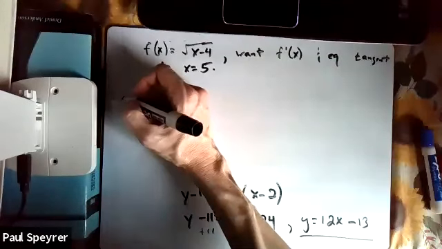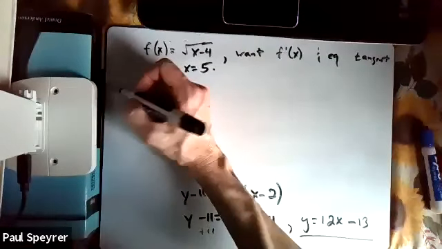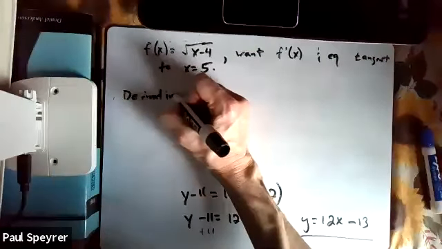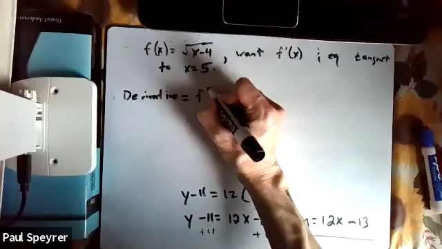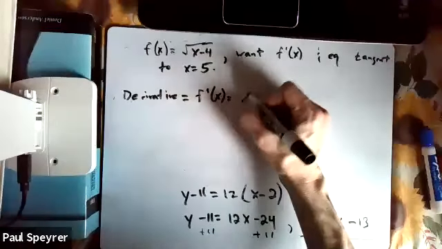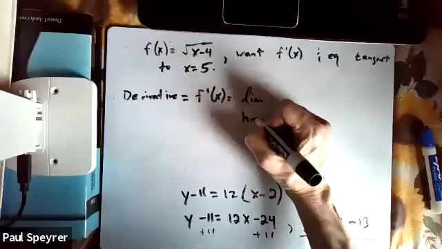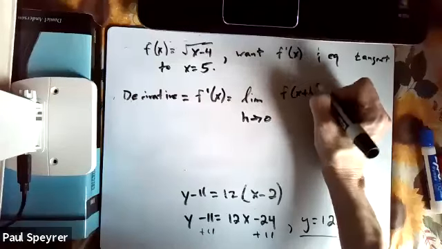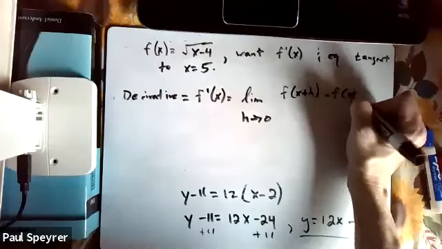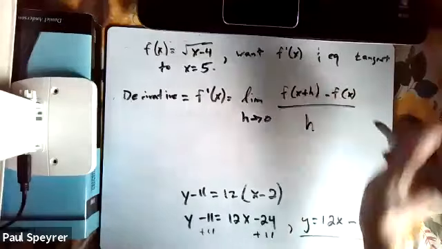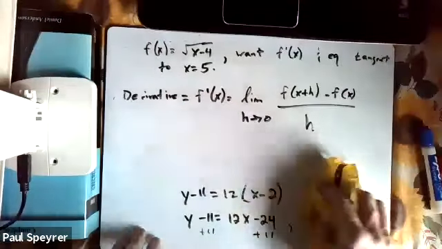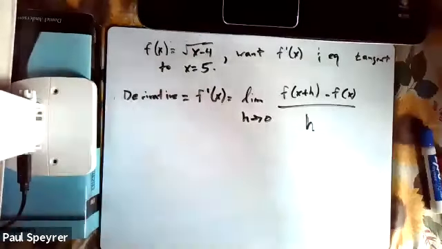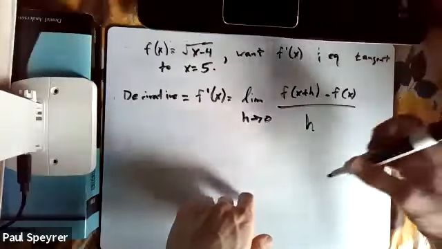So let's find that derivative, right? That's f prime of x. And again, watch how you substitute these values in.